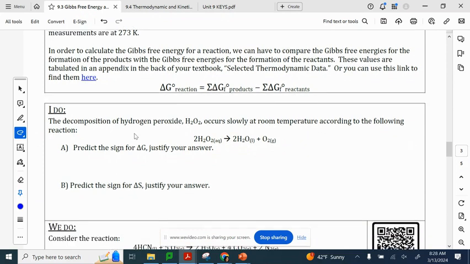All right. Decomposition of hydrogen peroxide occurs slowly at room temperature according to the following. You are going to figure out what delta G is going to be, what sign it is, and then justify your answer. It's going to happen. Do we need to intervene with any extra energy?